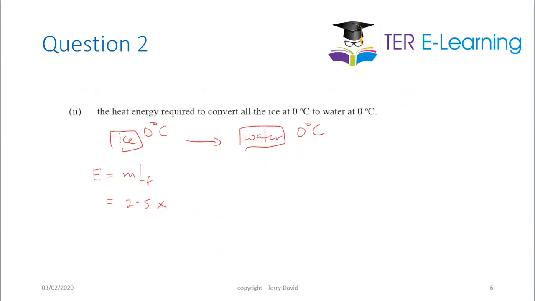And when we work that out, we're going to get 8.25 by 10 to the 5 joules. Our unit in this case is joules because we're talking about energy.